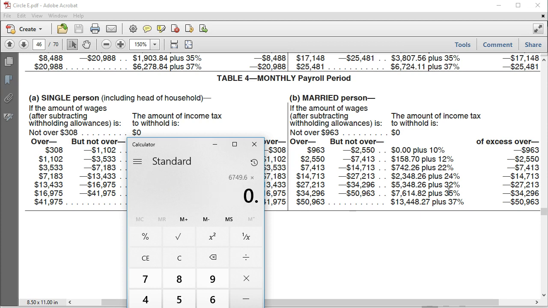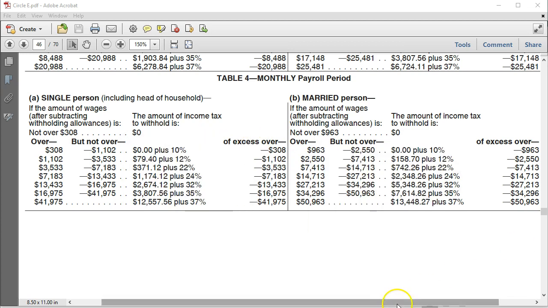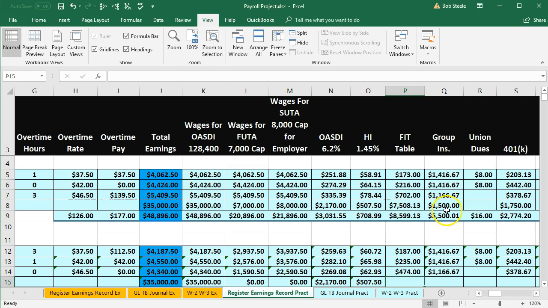So times 0.32, that's how much is going to be taxed at the highest 32%. And then we're going to add to it what was in there before from prior brackets, which we can calculate from the floor already, which is going to be plus this 5,348.26. So that's going to be that 7,508.